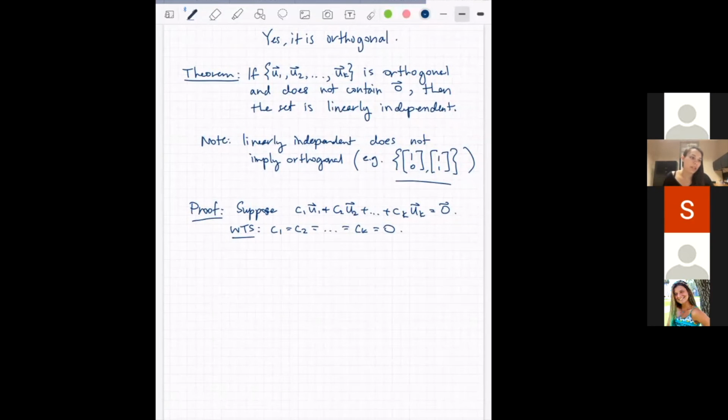Okay, so what we can do is take our equation and dot it with u1 on both sides. So dot this whole thing equals u1 dot 0. Now we know that any vector dotted with 0 is going to give us 0, right? And then we're going to use our properties of dot products to allow us to distribute this guy in, right?